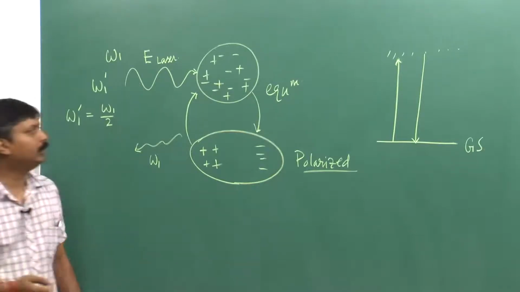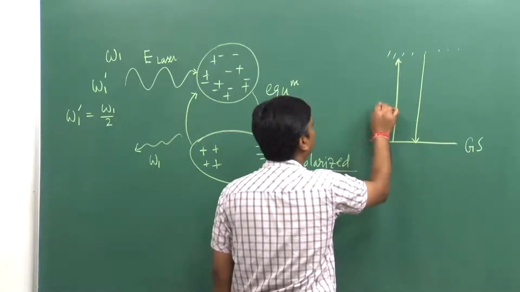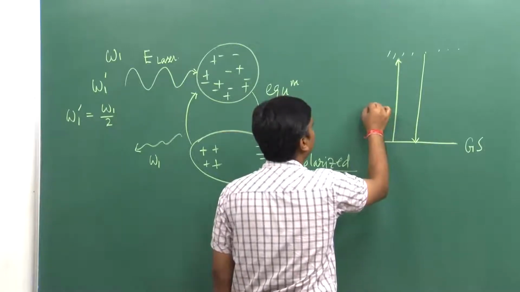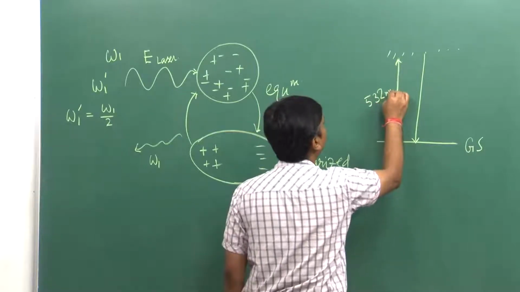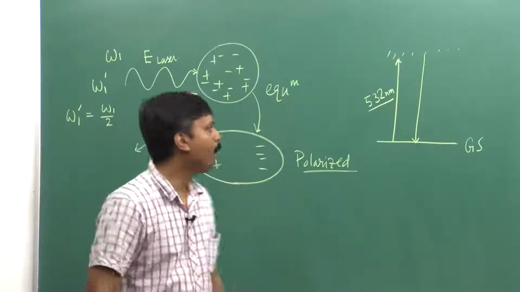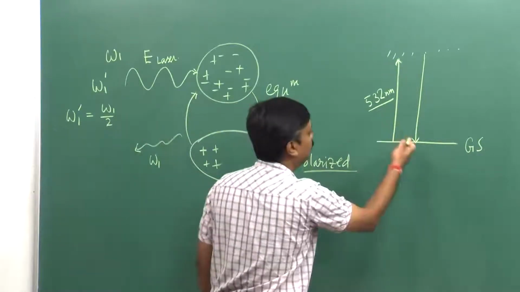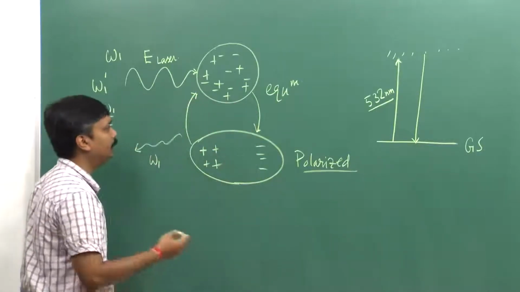I will give you a certain number. Suppose this one was, say, 532 nanometer light, a good choice, it is a green color, and I get back my 532 nanometer light in terms of linear scattering or Rayleigh scattering.